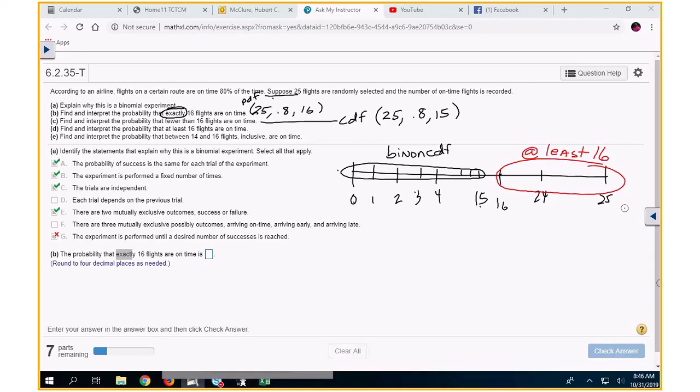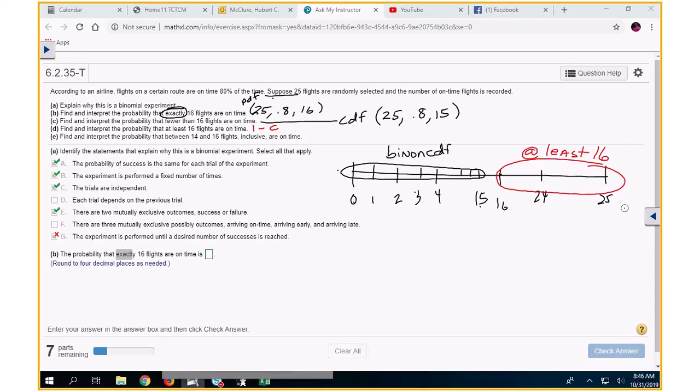Starts with a C. Complement. 1 minus C. What you just got for C, you're going to subtract it from 1, because if you draw it on the number line, it makes sense. If you don't draw the number line, you're going to sit there and go, I don't know what they're asking for.